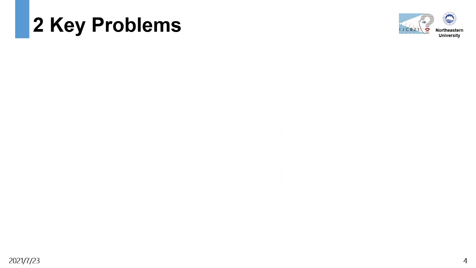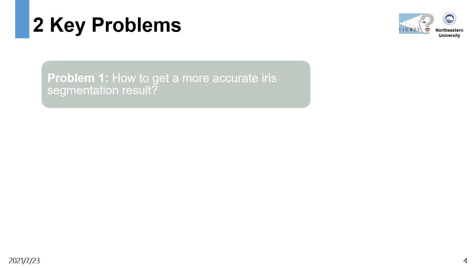Part 2. Key problems. Through the detailed analysis of the dataset provided by the organizer, combined with our actual experiment results, we have summarized 3 key points of the competition, and there are also 3 problems that need to be solved. Problem 1.